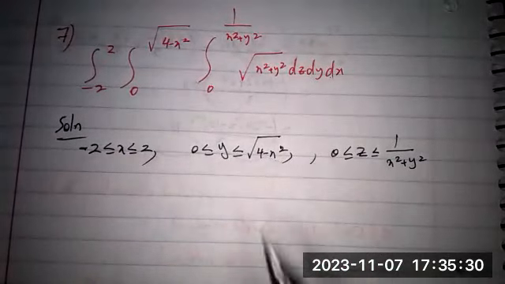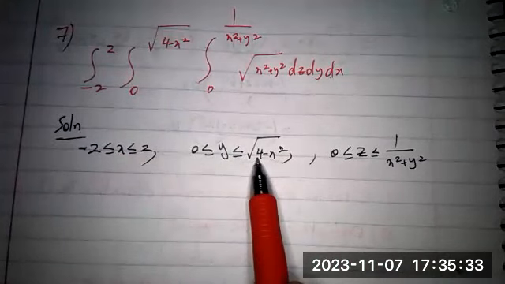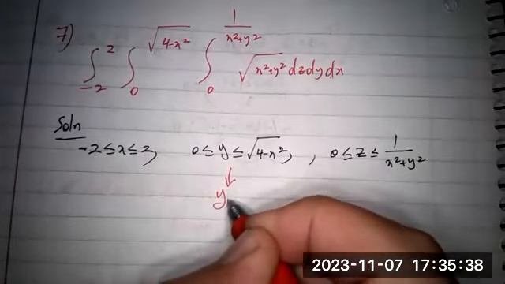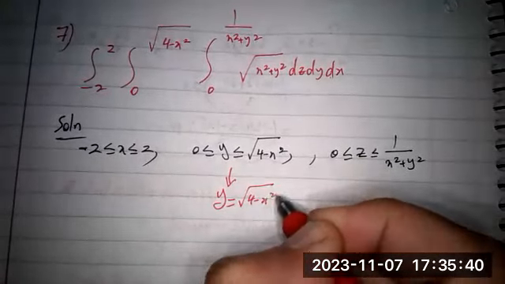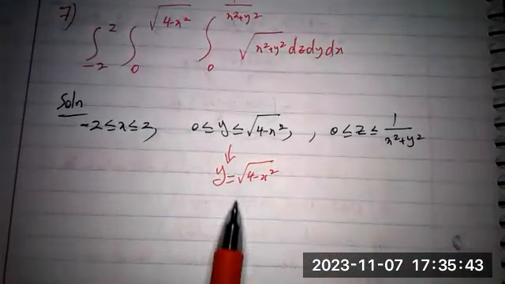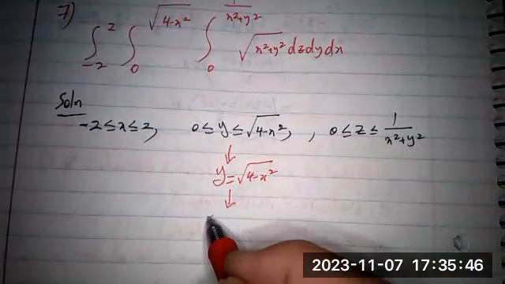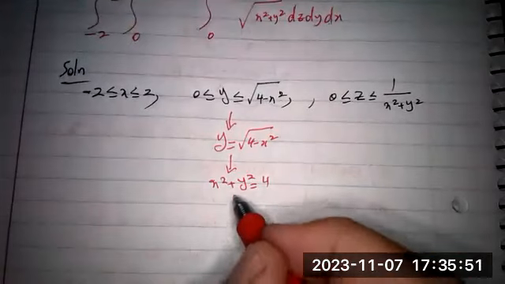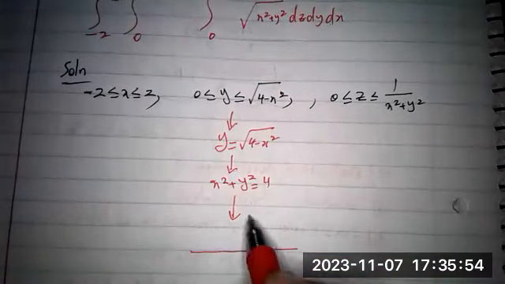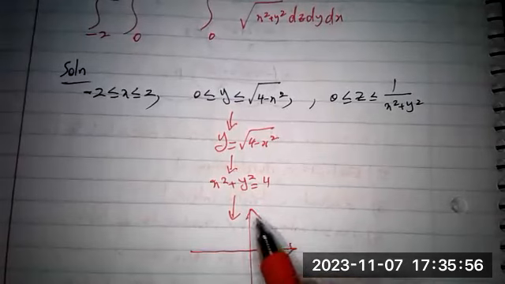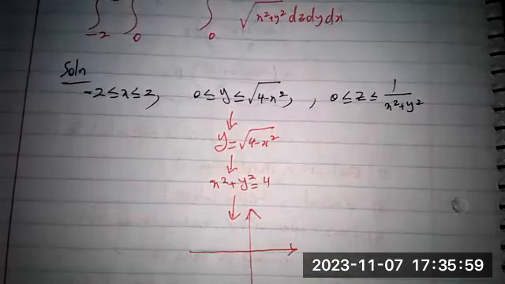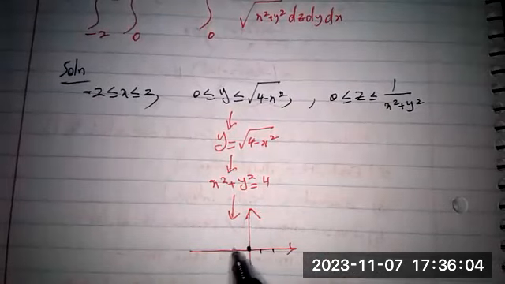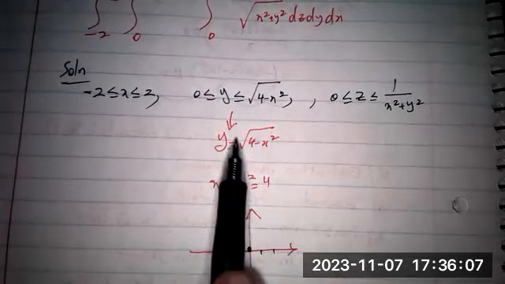You see, you don't have a negative and positive for y. So this means this is a semicircle, the upper part. Squaring gives you x squared plus y squared equal to 4, so you realize that you have a circle of radius 2.